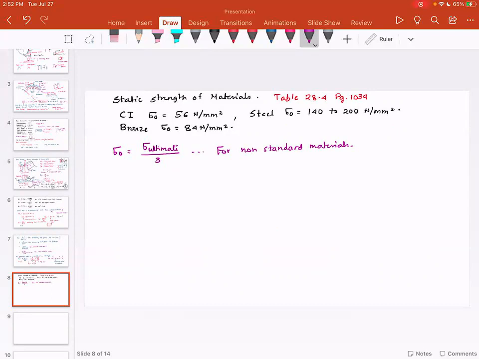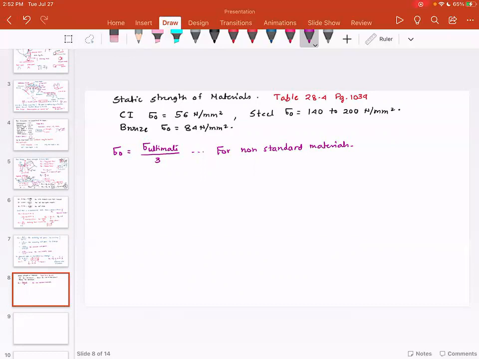So if sigma O is not known, you find out the ultimate strength of that material, which is the point when the material fails, divide that by 3, and use that value as sigma O.